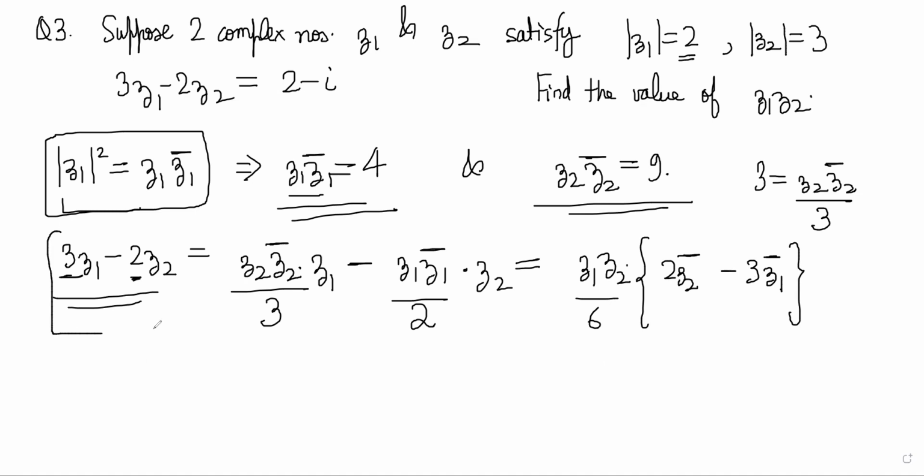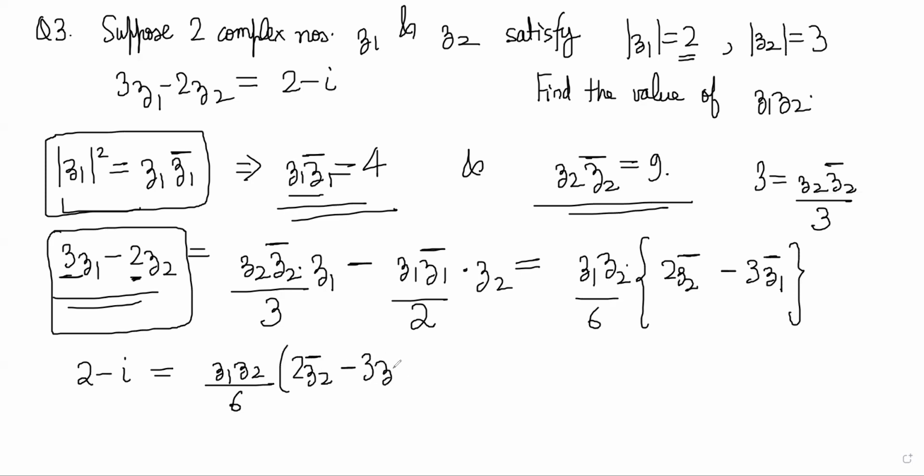Now they have told us this value. This value is given to us. So that is 2 minus i is equal to z1 z2 by 6 into 2z2 conjugate minus 3z1 conjugate, right? So actually, I should not write 2 minus i at this stage. What I can do is I will write 3z1 minus 2z2 itself.